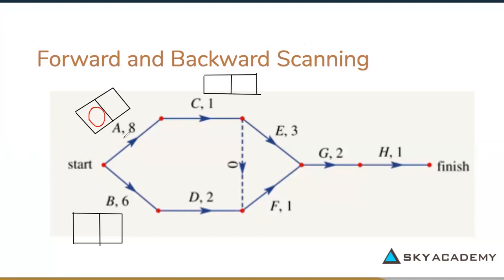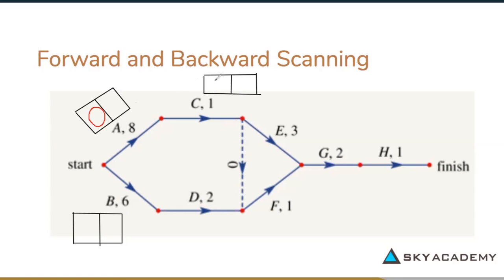Whereas once we get to C, C has an immediate predecessor of A. And so the earliest time that you could start C is after A has been completed. And A has a weight of 8.